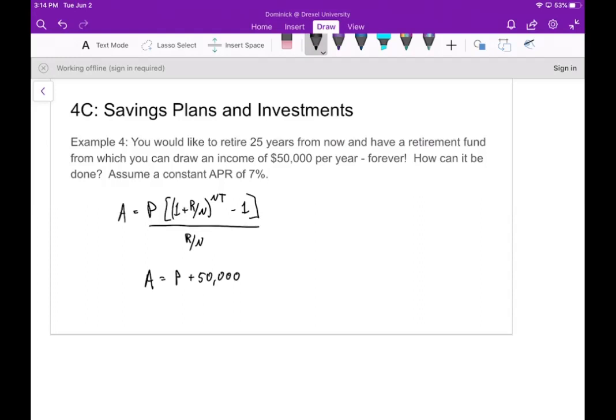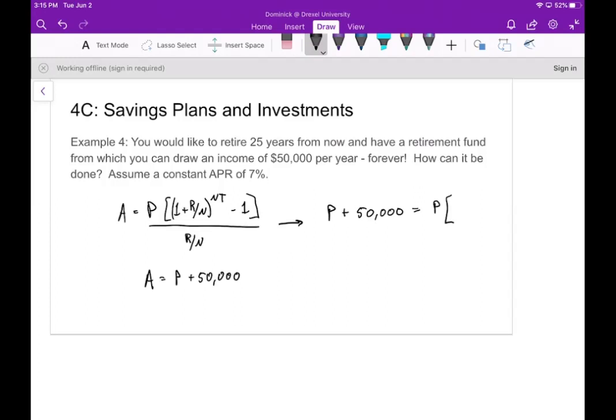Because we need to be able to gain $50,000 in this period here, right? So what this is going to eventually become is that we have P plus 50,000, because that's now my A, is equal to P, and then we can fill in all this stuff, right?